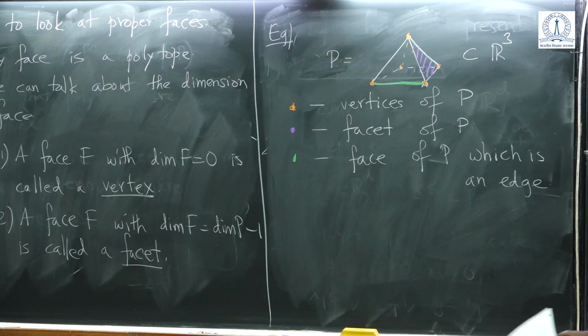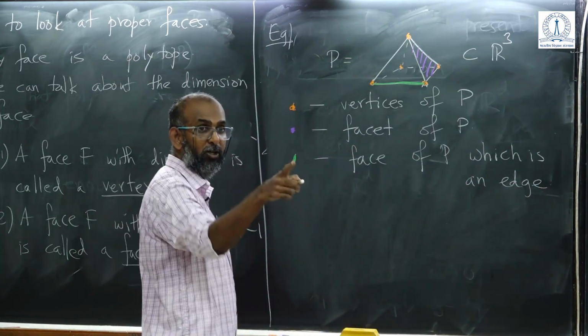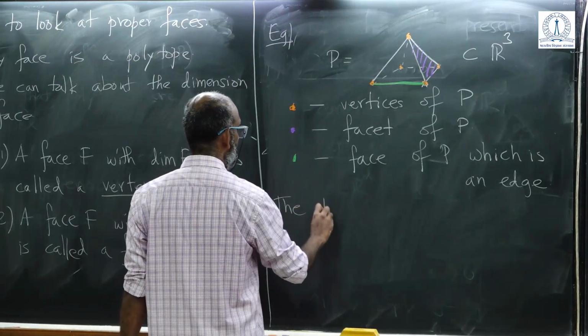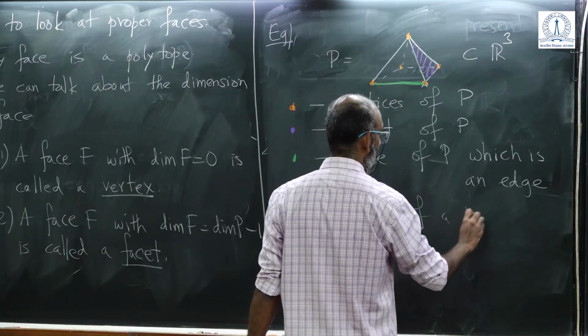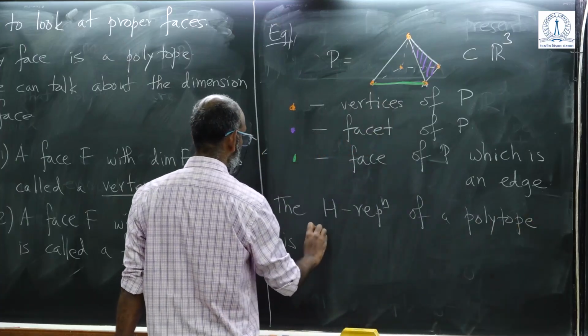So before we break, I'll just answer your question. So the H representation of a polytope is determined by its facets.